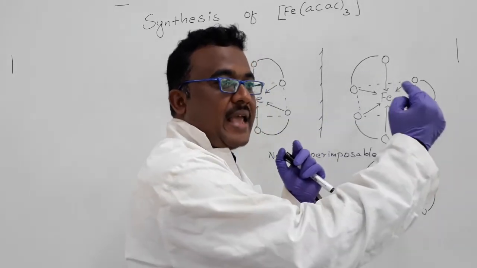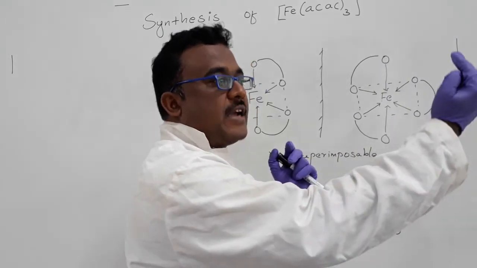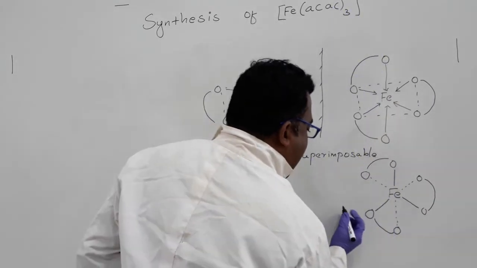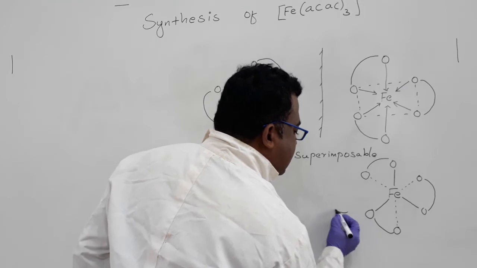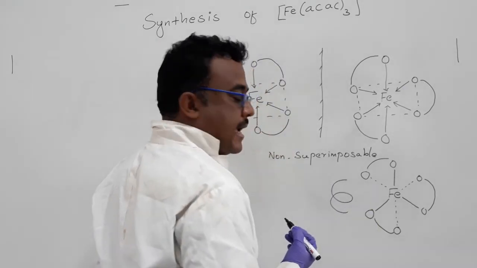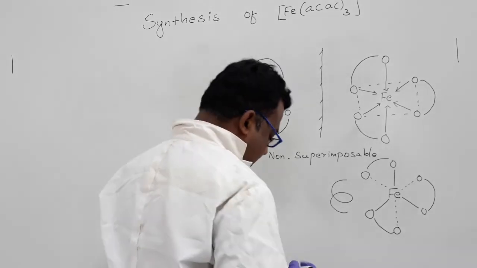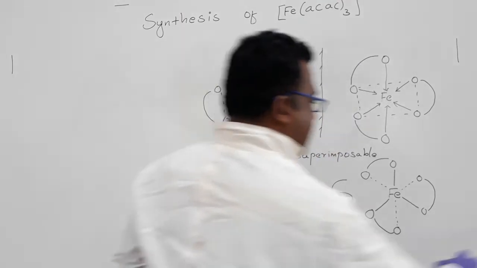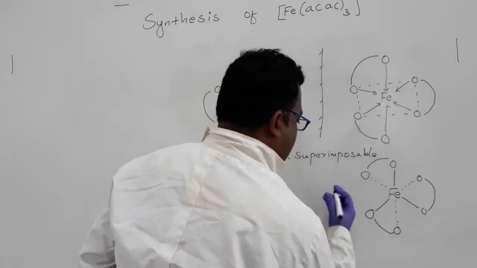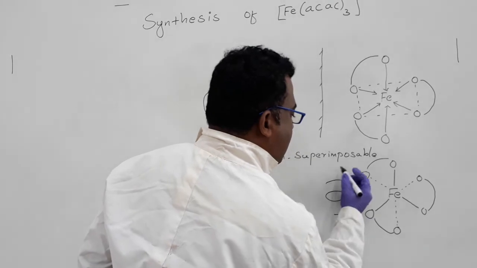When you start from the back oxygen atoms and connect them one by one, you will get a left-handed helical structure. I'm sorry, it's not a left-handed helical structure. A left-handed helical structure should go in this way.